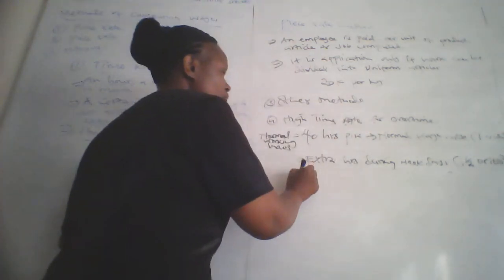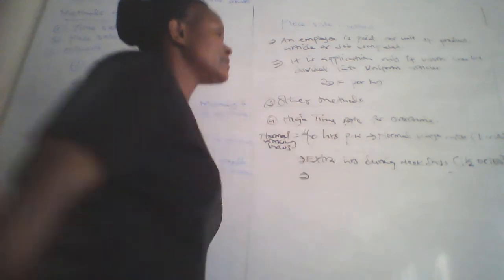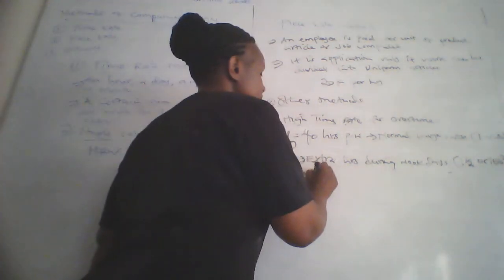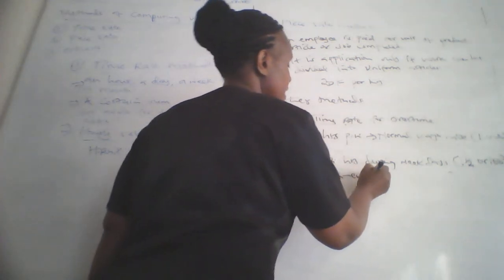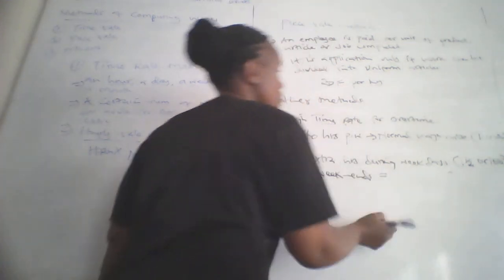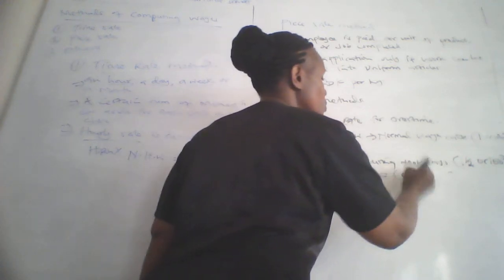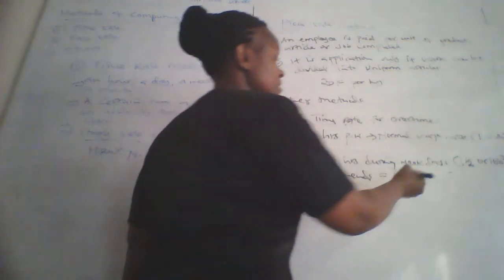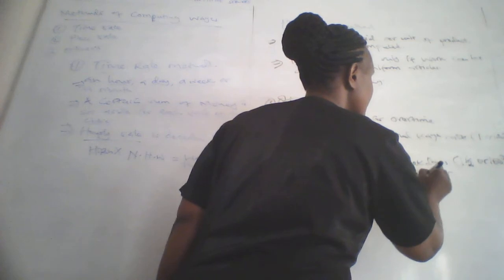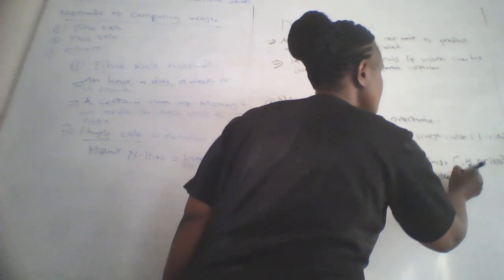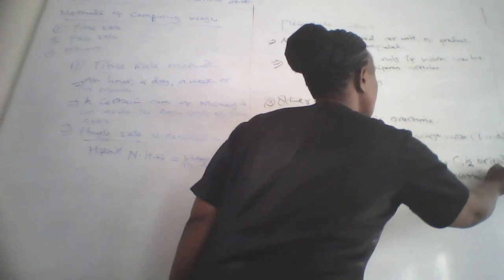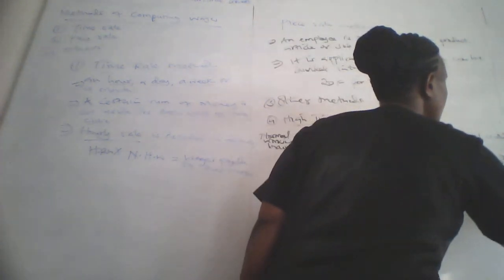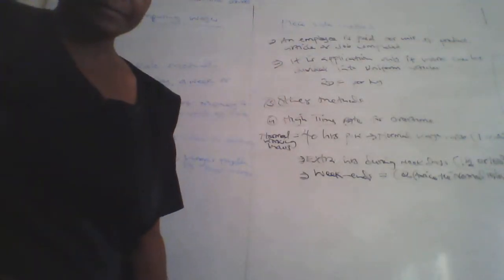Then for any work done during the weekend, an employee is supposed to be paid 2. That means twice the normal rate. Meaning he's supposed to receive 200% for the weekends.